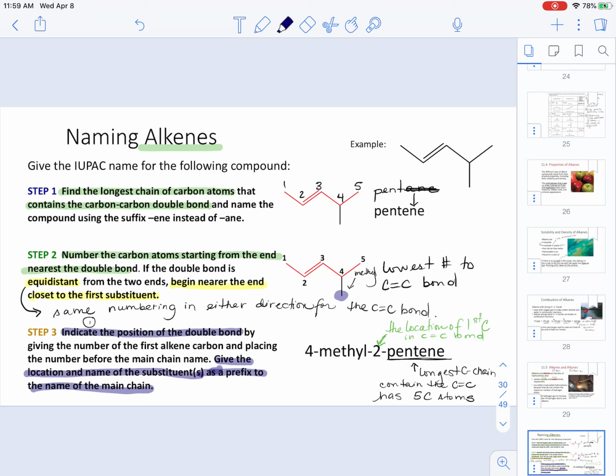So that's where the methyl comes from. So that is the name of the substituent. And that number 4 before the name of the substituent is going to be the location of the substituent.